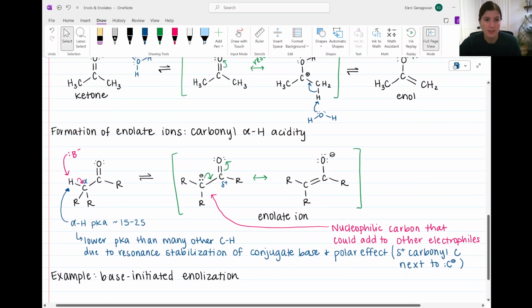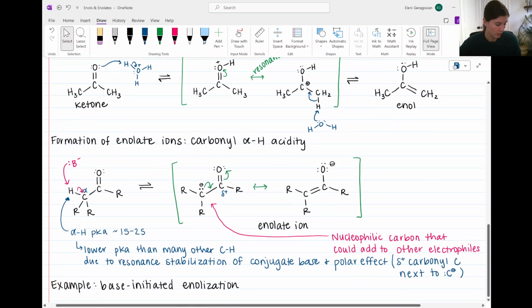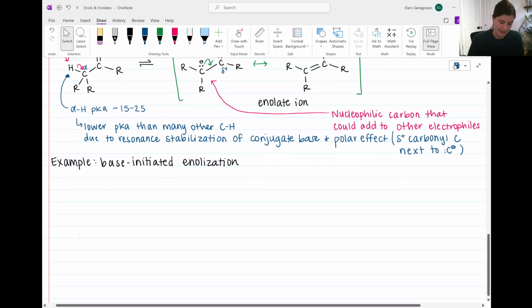So remember earlier in this video, we did the acid-catalyzed enolization. We started with acetone as the ketone. We have acidic conditions, and we showed how the enol formed. So we'll start again with acetone.